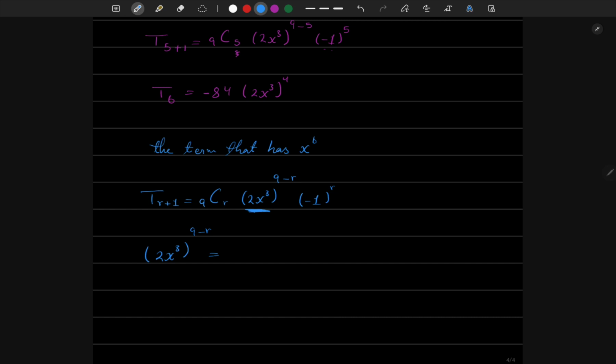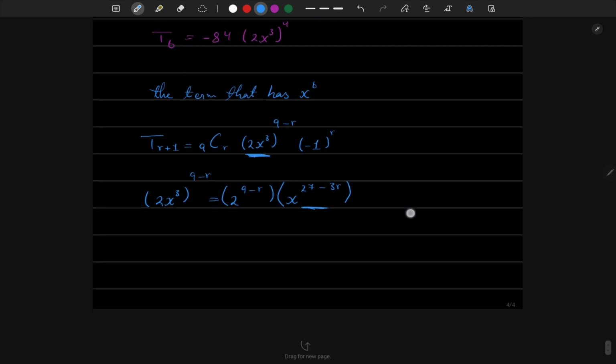I'm going to expand this, and the expansion is going to be 2 to the power of 9 minus r, and x to the power of 3 multiplied by 9 is 27 minus 3r. I separated the x from the 2 so I can work with the x itself.